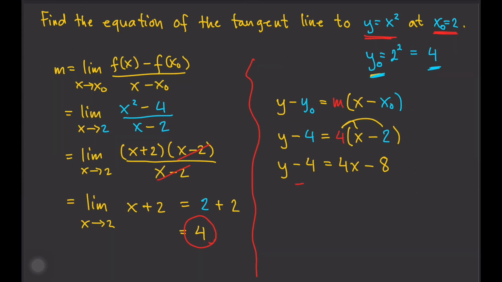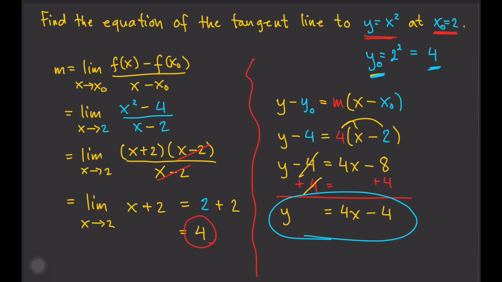Then we add 4 to both sides, so the 4s cancel out on the left, and y equals 4x, negative 8 plus 4 is negative 4, and we're done. So our equation for the tangent line is y equals 4x minus 4.